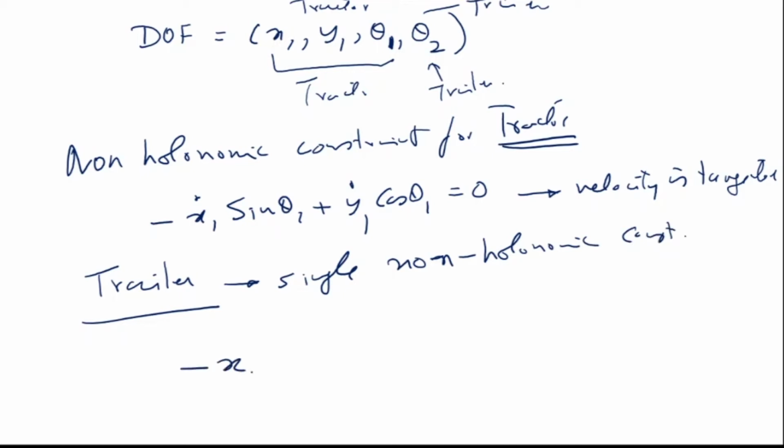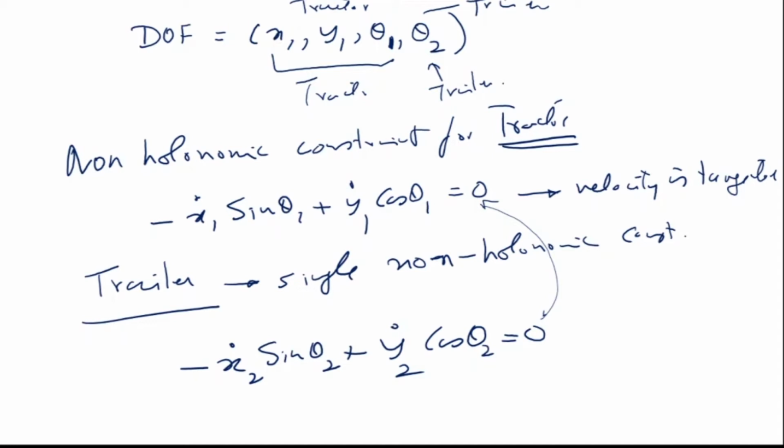It is minus x2 dot sine theta 2 plus y2 dot cos theta 2 is equal to 0. Sorry, it is not y1, it is y2. You see that it's almost similar to the tractor's. It is also a velocity constraint, saying that it cannot go sideways. So both these constraints are saying the tractor cannot go sideways and the trailer also cannot go sideways.